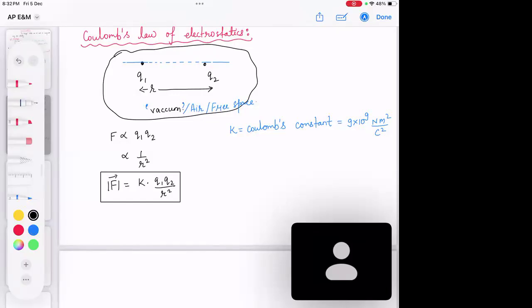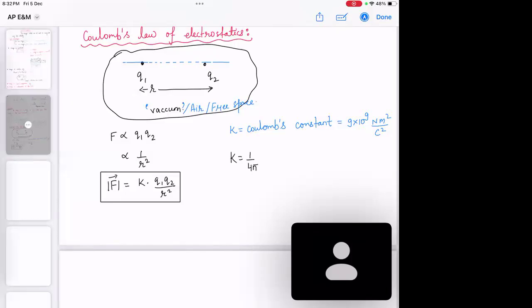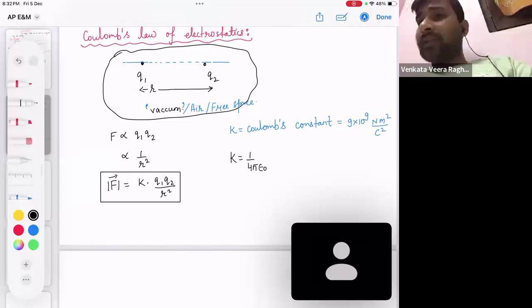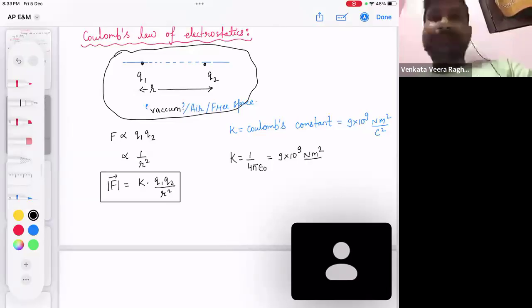Now, this Coulomb's constant, sometimes you will find written as K equal to 1 by 4 pi epsilon naught. So the K value is 9 into 10 to the power 9 Newton meter square per Coulomb square. So the value of epsilon naught we can calculate now: 4 pi and everything is constant.